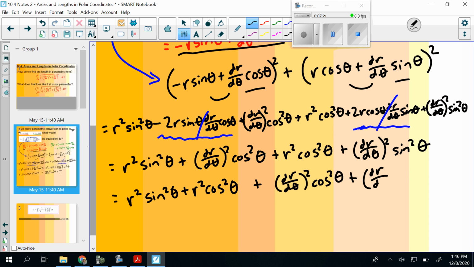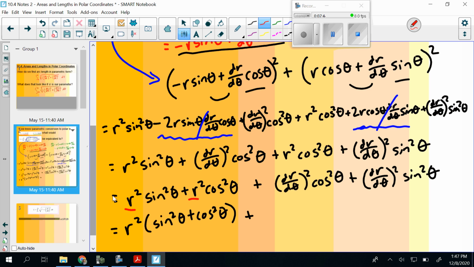And then I'm going to do some factoring here. So if on this one I factored out the r squared, what we would get is r squared times sine squared theta plus cosine squared theta. And here I'm going to factor out the dr d theta squared. And if I did that, what's left over is cosine squared theta plus sine squared theta.